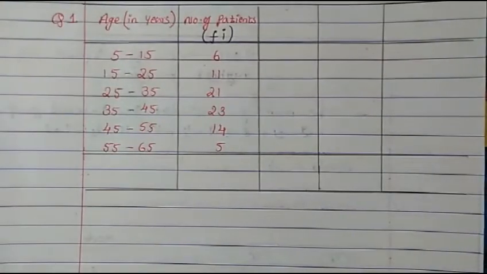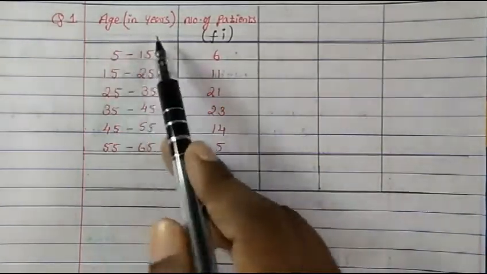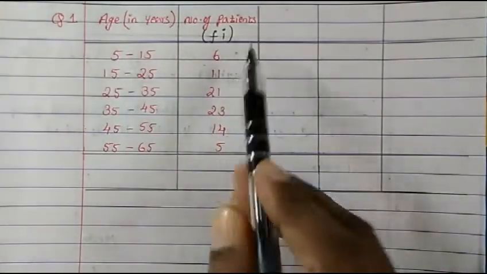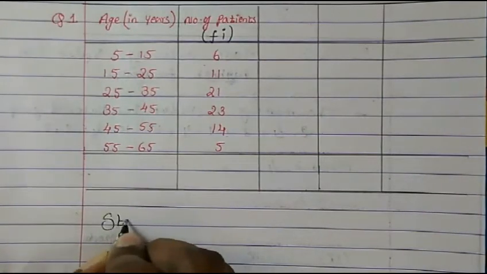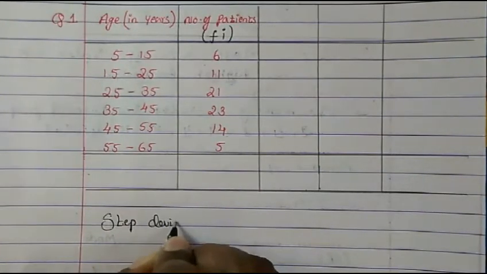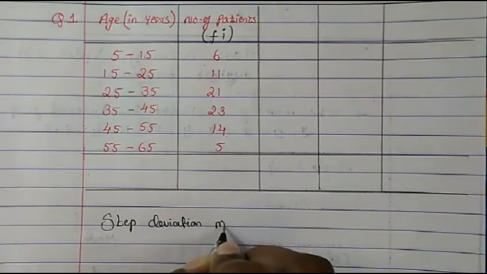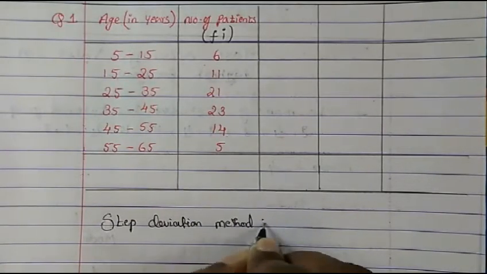So this is the question, copied and kept. Age in years and the number of patients, that becomes a frequency. Then for the step deviation method, what is the formula?